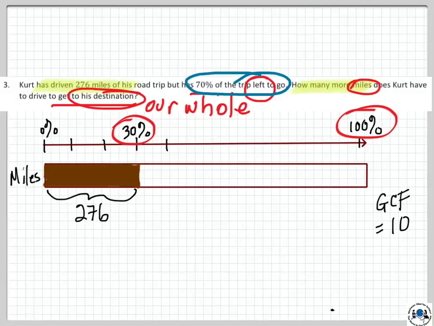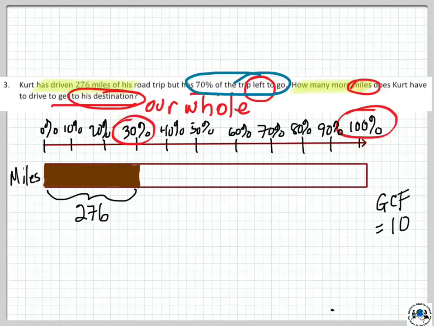Again, we have a GCF we're looking at this time, and the reason is 30 is not so friendly itself. We can't split this up into 30s because 30 is not a factor of 10, but 10 is, and 10 is also a factor of 30. Therefore, our greatest common factor of these two numbers is 10.